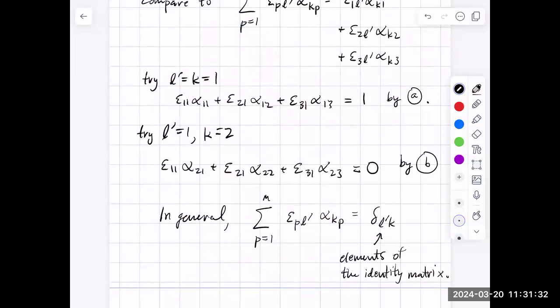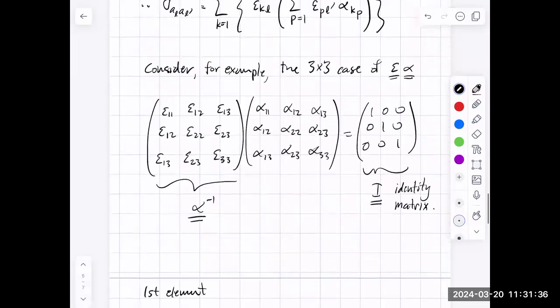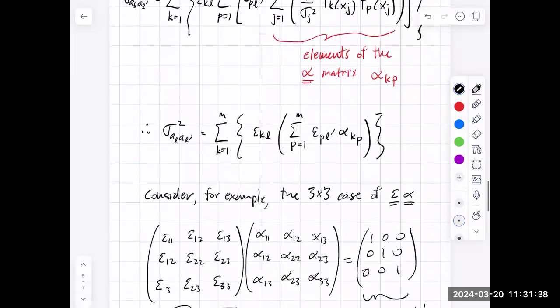What we're going to do is sub this result all the way back into this one. So maybe we should call this something. Let's call this equation asterisk. We're going to get a sum over K of epsilon KL, and then we'll stick our delta function in there.